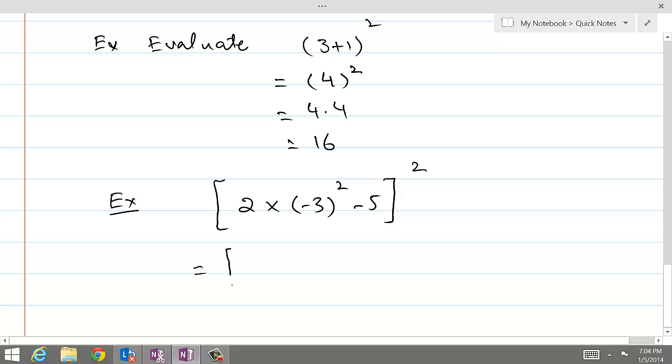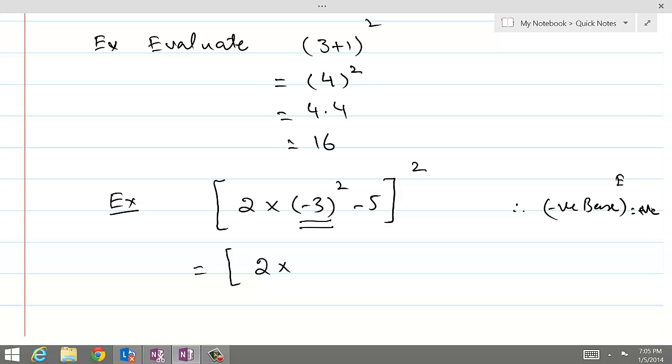So we are keeping everything else the same, but we will calculate this minus 3 power 2. If you remember, we did that a negative base with an even power is always positive. So it doesn't matter; it's still going to be minus 3 times minus 3, which will be equal to plus 9.